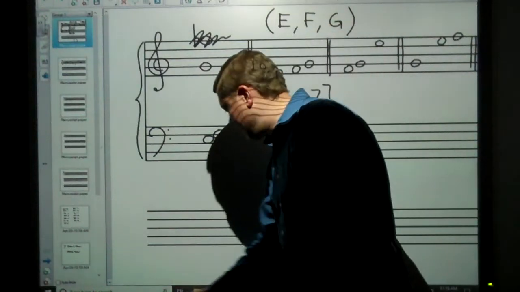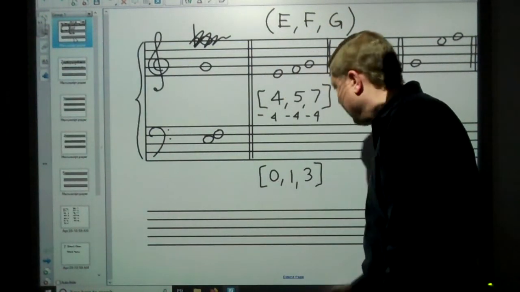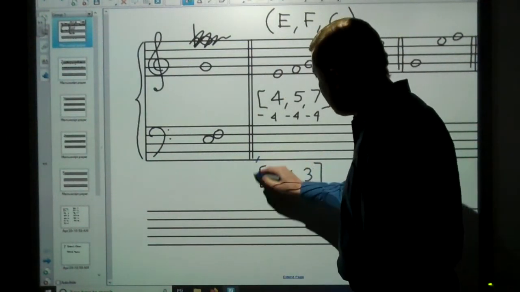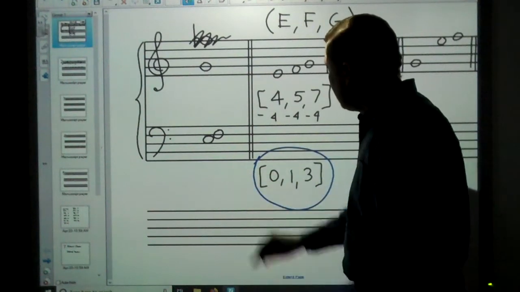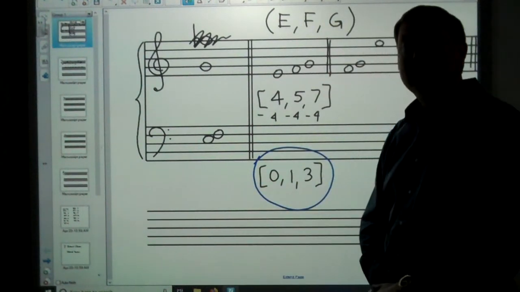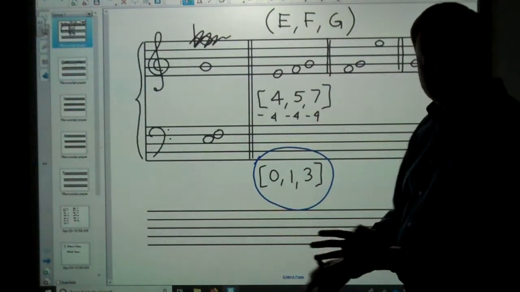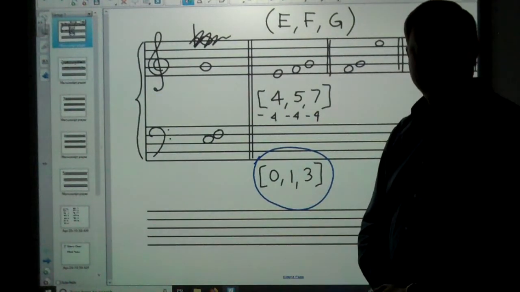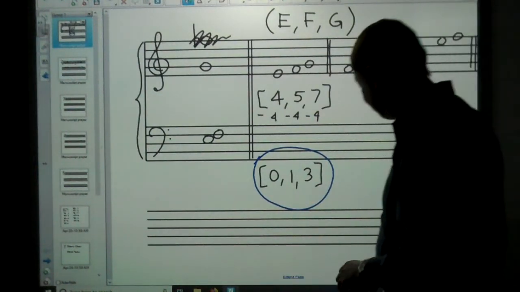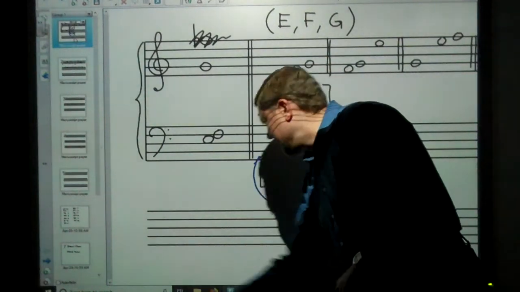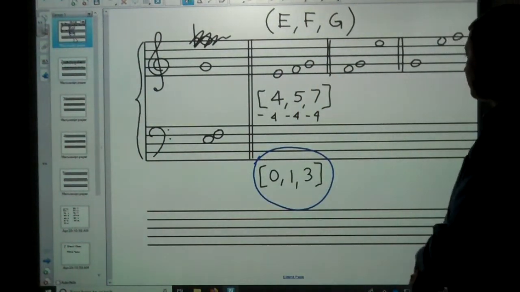Because remember, prime forms always begin with 0. And this is going to be one of the important normal orders that I compare with another normal order in order to find out which one is smaller, which one is prime form. So let's get that other normal order.